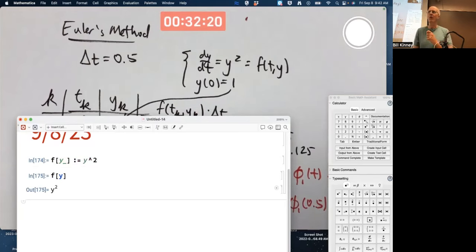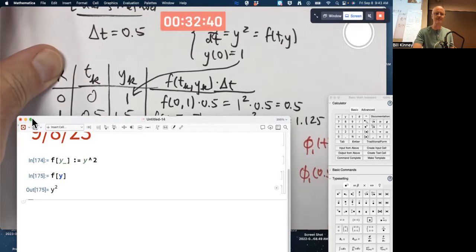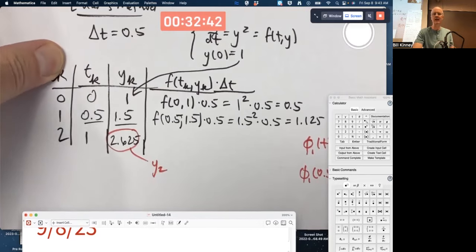To do Euler's method efficiently in Mathematica, and by efficiently, I mean in situations where you might need to do 100 steps, you want to use a built-in command called NestList. What NestList does is function iteration, which is really what we're doing with Euler's method. We are iterating an equation, essentially.